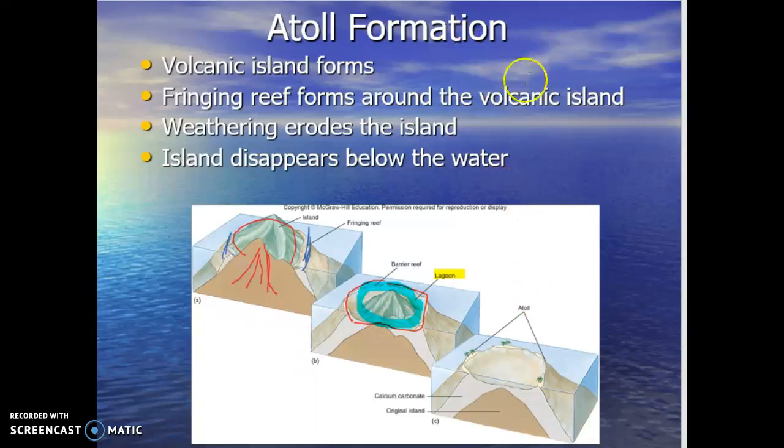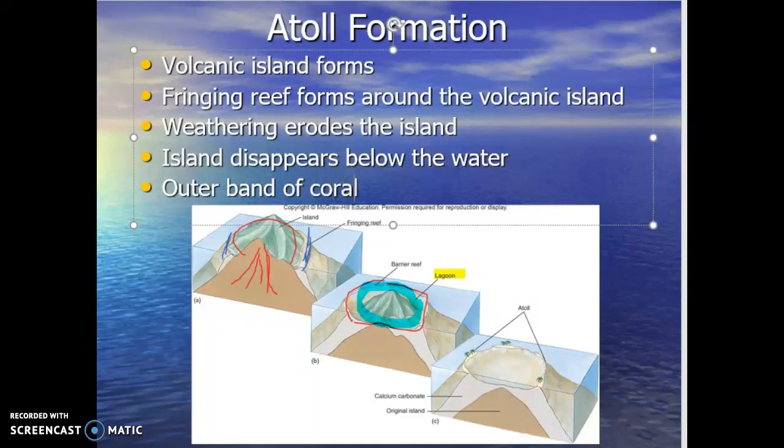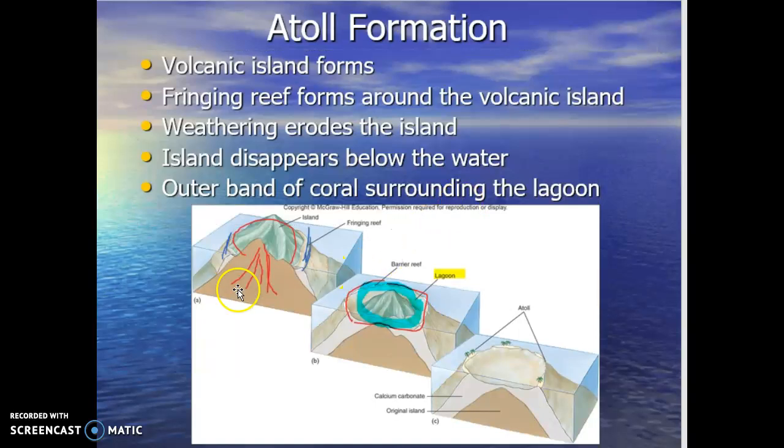And then that island continues to sink. Eventually the island could completely submerge and disappear. And now we have this outer band of coral surrounding the lagoon. And there is your atoll. Alright, so the atoll is a collection of these outer little patches of reef.